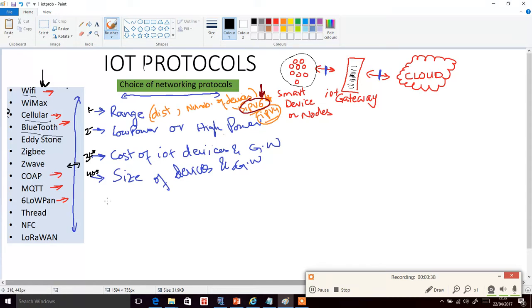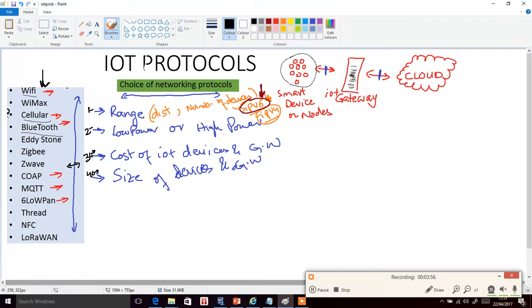And then if you know the range and power constraints, and the sizes and costs, depending on the cost and size of the devices, which kind of IoT protocols you can use for your particular applications, then you can make better decisions.